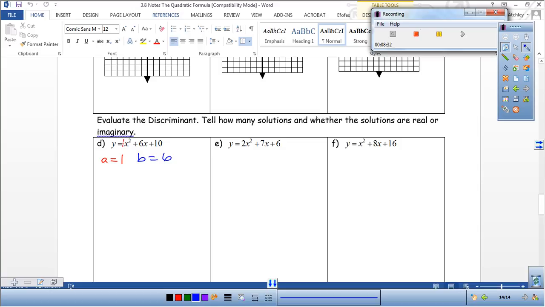And Robbie, what's the c value? Okay, we just plug it into the discriminant, b squared minus 4ac. So I have 6 squared minus 4 times 1 times 10.